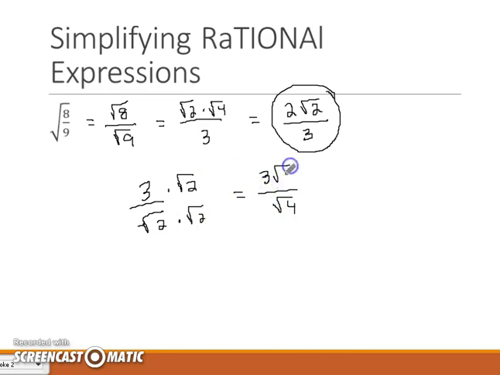On the top we'd have 3 square root of 2, so this would reduce to 3 square root of 2 over 2, and then you don't have that square root in the denominator anymore. So make sure if your denominator has a square root, you multiply by that square root so that it's a perfect square, and make sure you multiply both the top and the bottom by that.